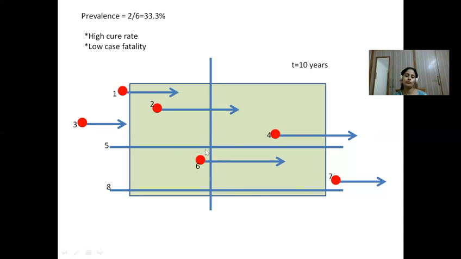So 6. So prevalence will be 2 upon 6, that is 33.3%. And please note that anything that causes a shortening of this arrow will actually lead to a decrease in the point prevalence. So a high cure rate, low case fatality, etc. will lead to a decrease in prevalence.